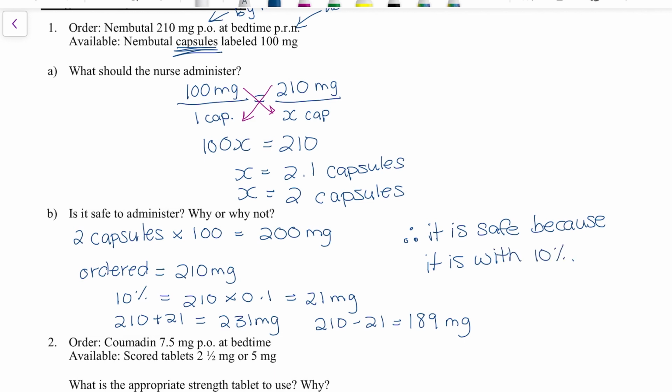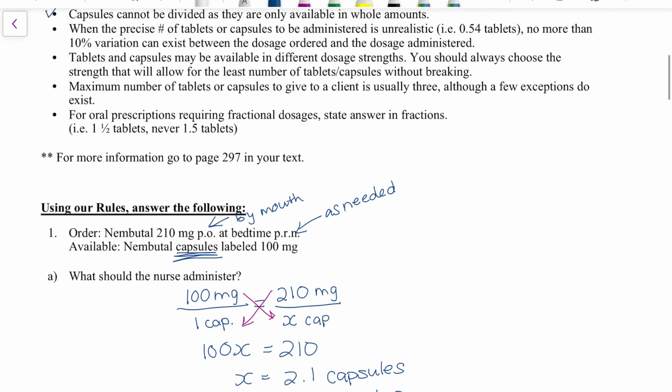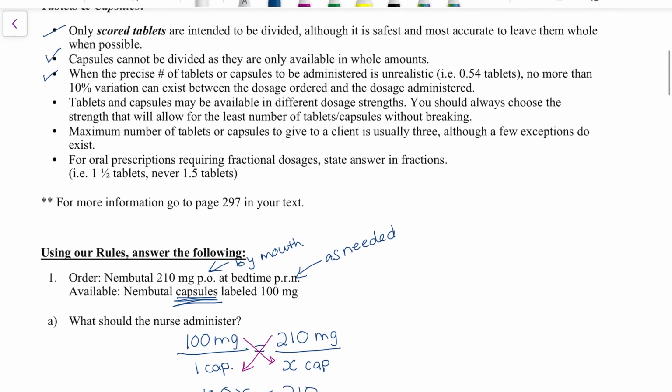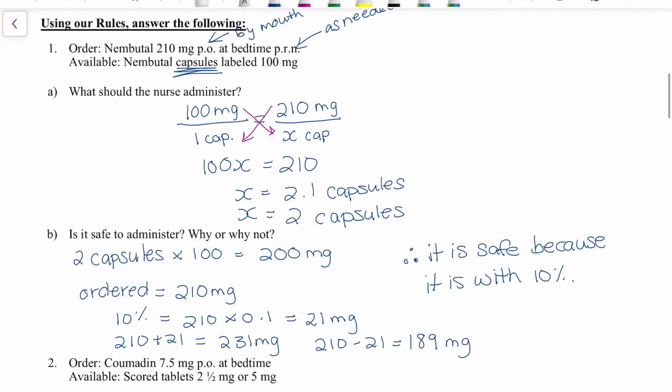Now let's check our other rules to be sure. The 10% variation was okay. We didn't have a different strength to choose from, so that's fine. It's not more than 3, and it wasn't fractional, so I can write it as a whole number. I've hit all of my rules there. Therefore, I know it is safe.